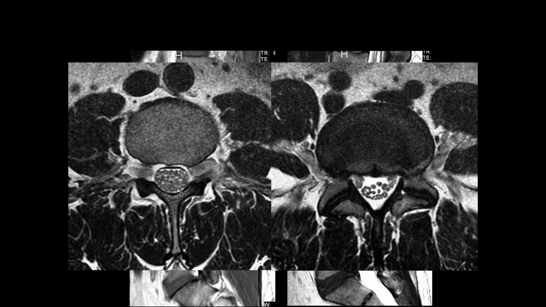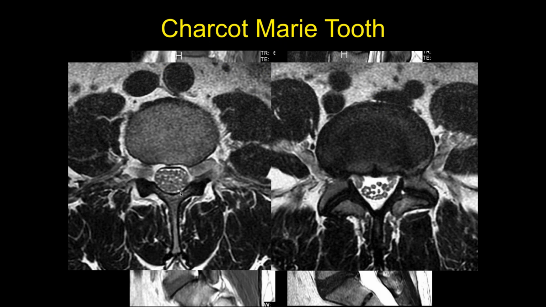There are several diseases that can do this, but by far the most common one, which we usually see, is Charcot-Marie-Tooth. It can cause peripheral neuropathies associated with it, and you get diffusely thickened nerve roots, but it can be a little bit focal. Here you can actually see that there are nerves out here that are all thickened as well.